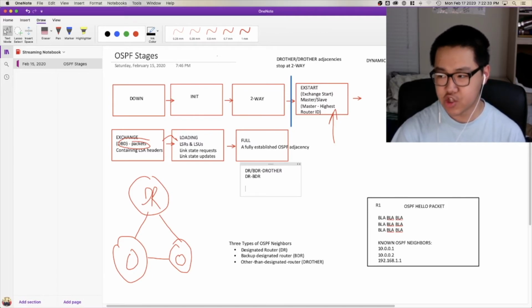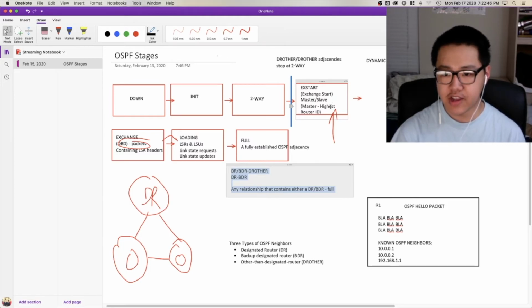So any relationship that contains either a DR or BDR is allowed to do topology exchange. Any that don't stop at two-way, and that creates a hub and spoke, because the only routers that ever do topology exchange, the only routers that get their database exchange with, should I say, is a DR. So these DR others, even though they have a physical link, never do topology exchange over them.